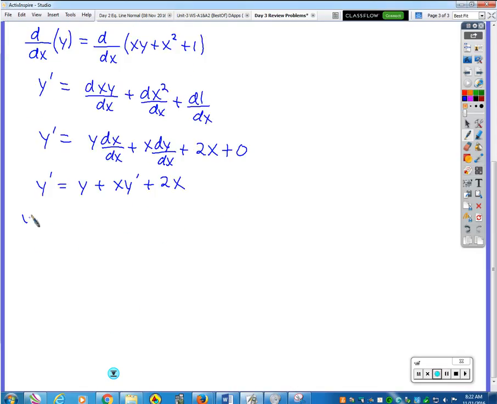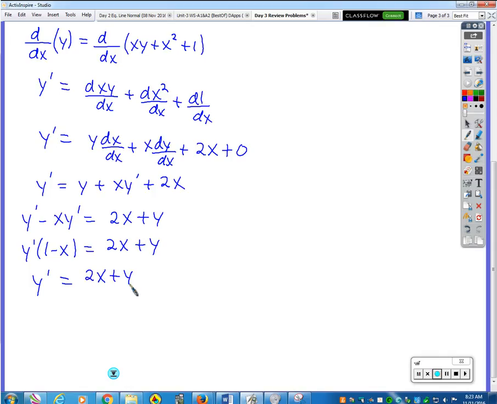Move things around. Factor. Divide. Draw a new picture.